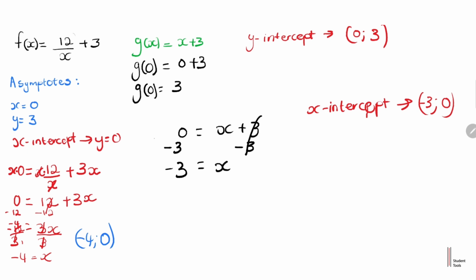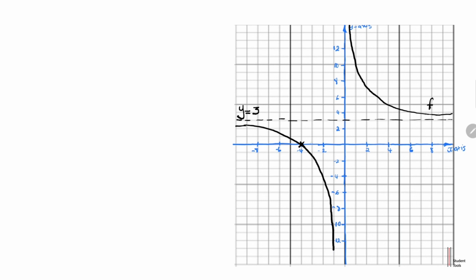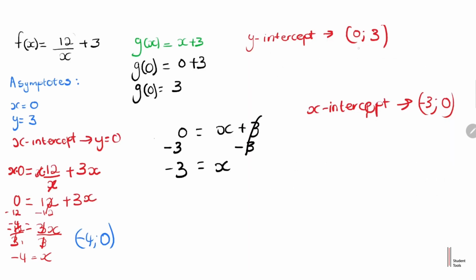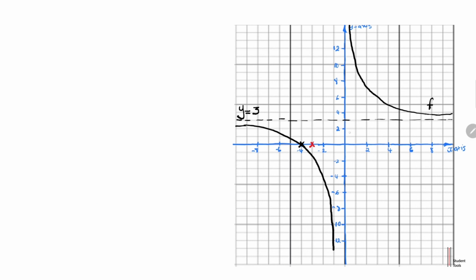Okay, let's go to our graph. We have the x-intercept (-3, 0). And then the y-intercept is at (0, 3). So we have the y-intercept at (0, 3), here at the intersection of the asymptotes. So now let us sketch G. G will be like this.